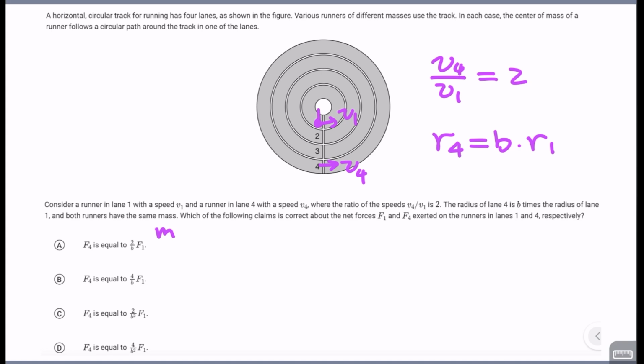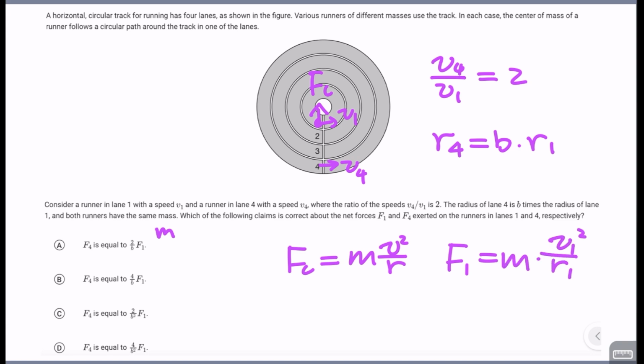this person experiences a centripetal force towards the center, and by the formula, Fc is equal to mv squared over r. Then for lane 1, its force F1 would be m times v1 squared over r1, and F4 would be equal to m times v4 squared over r4.